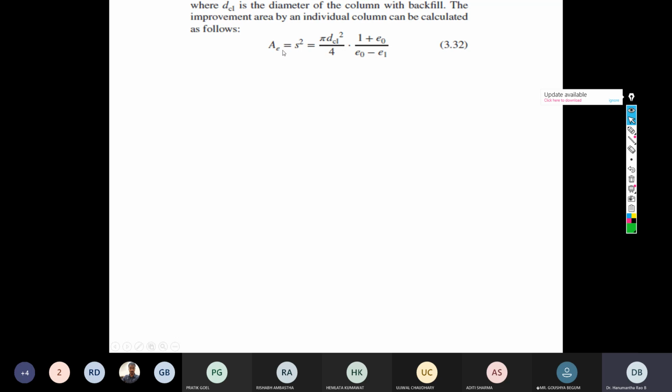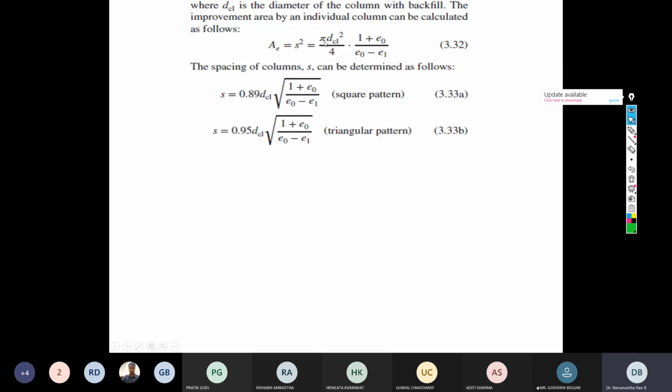Take the rectangular, then AE can be written as S square. If it is triangular, then this can be 0.866 times S square. But AE we have expressed in the previous equation as pi by 4 into d square into (1 plus E naught) by (E naught minus E1). So when you rearrange the terms, we can determine the optimum spacing of a column.